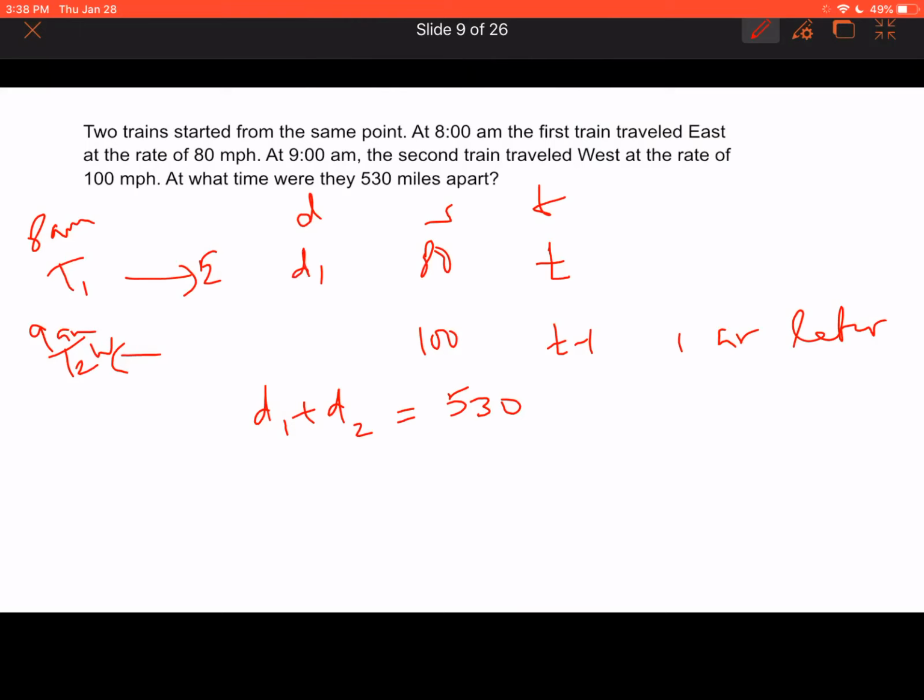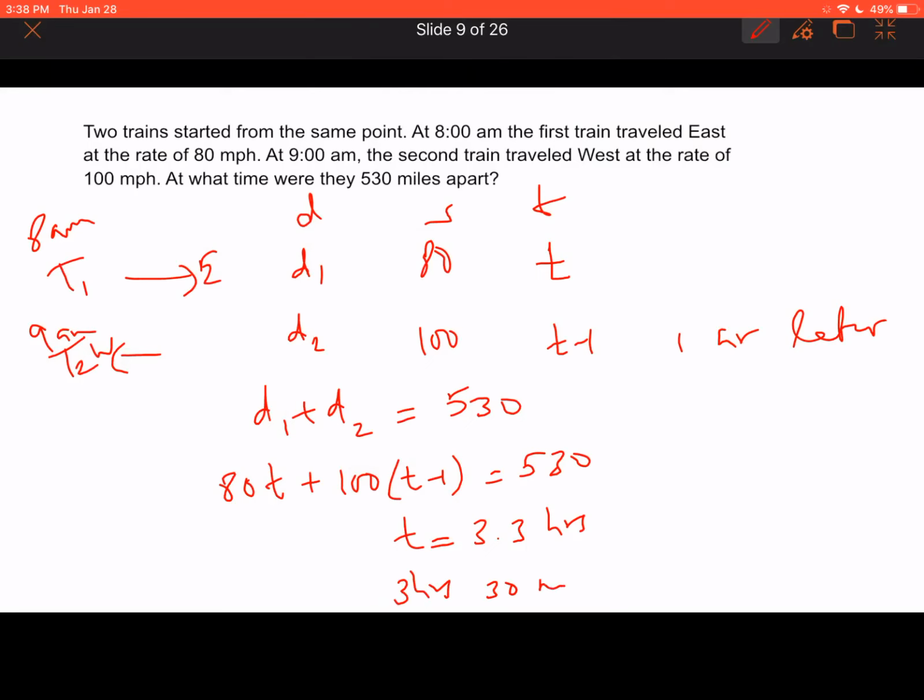In this condition we start calculating. So now we have gathered all the units. Distance d1 is 80t and distance d2 is 100 into t minus 1, which is equal to 530, and ultimately we are getting the t value as 3.5 hours. It's nothing but 3 hours and 30 minutes.